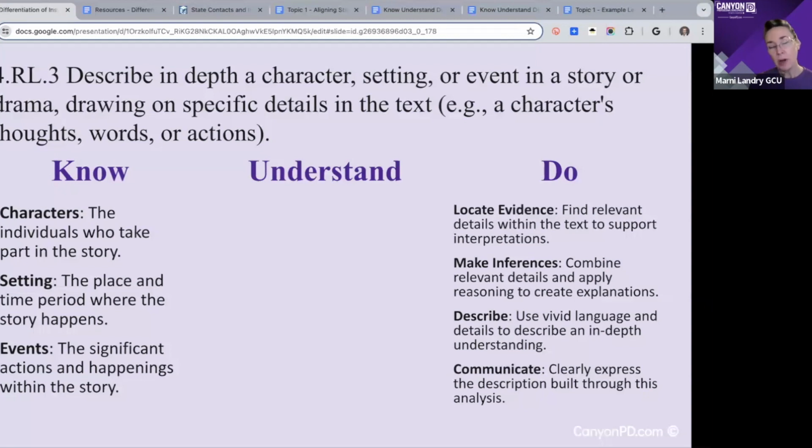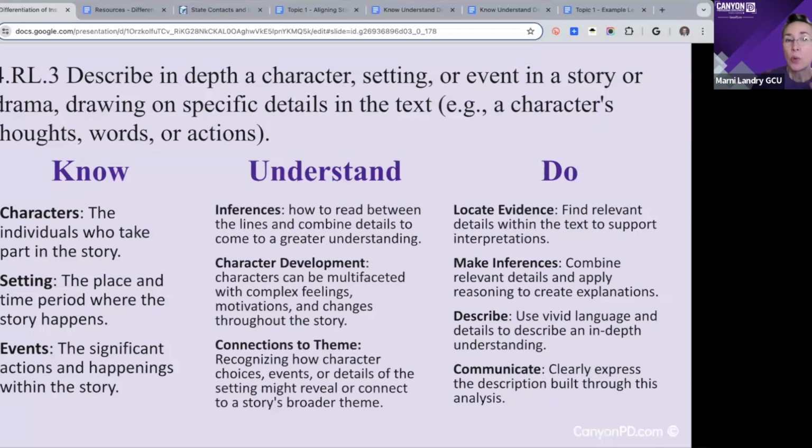Now here's the tricky part, the overall understanding. You as an expert and probably very passionate about the topic and content you teach, you come from the position of understand. So we as teachers oftentimes are addressing the standards from the understand perspective. We understand why it's important to be able to make an inference and how to do that.